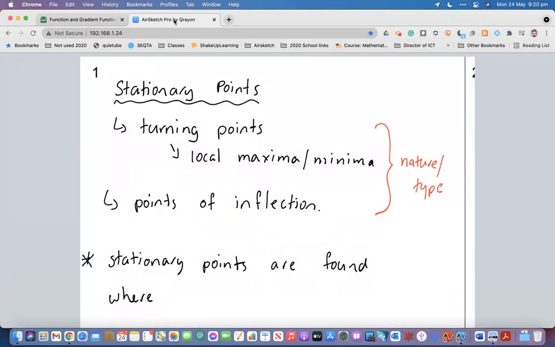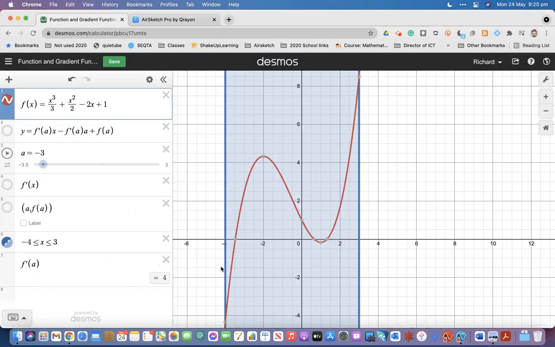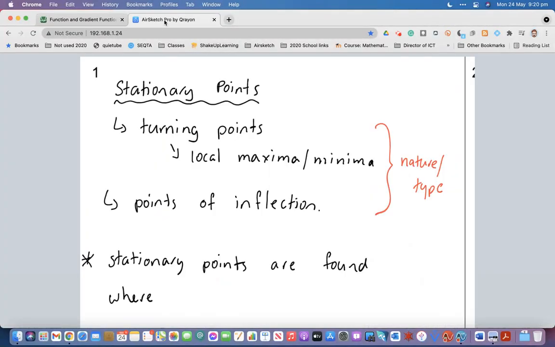Okay, so what we can do is a little bit of mathematics in order to determine that a turning point that we calculate is a local maximum or minimum, whether it's a point of inflection, and we can even see whether it's a global maximum or minimum as well, which means over a particular interval of the function, is it actually the biggest possible value for that function?